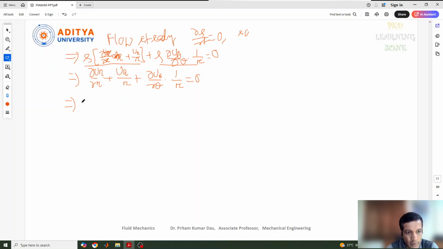Now if you take r common outside, so that will be ur plus r ∂ur/∂r, and now see here also the r is going to be cancelled here. So ∂uθ/∂θ equal to 0.